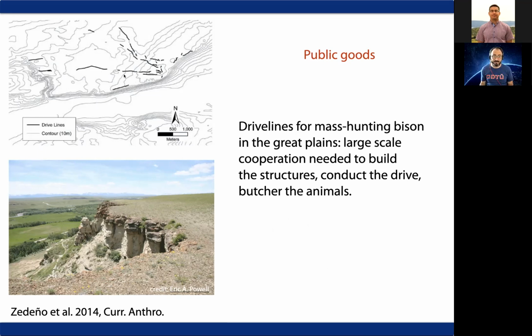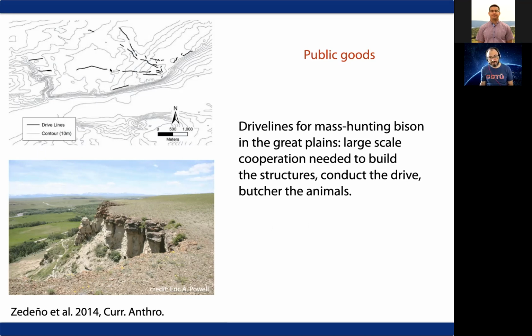This is the Blackfeet tribal lands in Montana, I believe, and Native Americans. So the ancestors of the Blackfeet Native Americans have built these what are called drive lines, which you can see in black here, and the scale here is 1 kilometer.